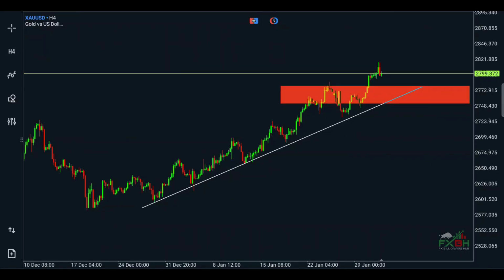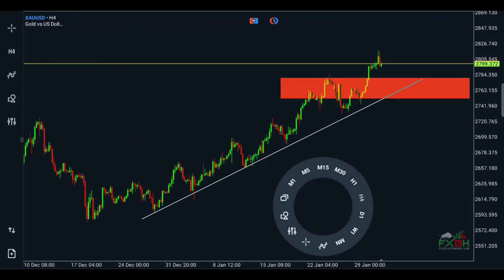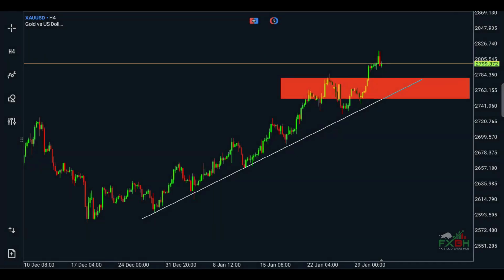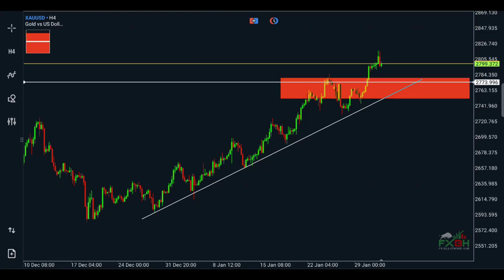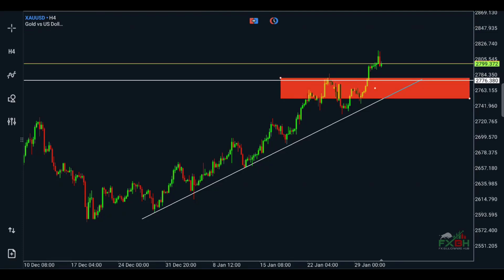So to take a buy entry on H4, we have to wait till this zone. Let me make it a little bit perfect. We need to wait for that exclusive area.